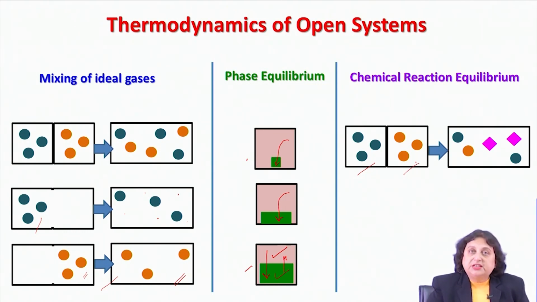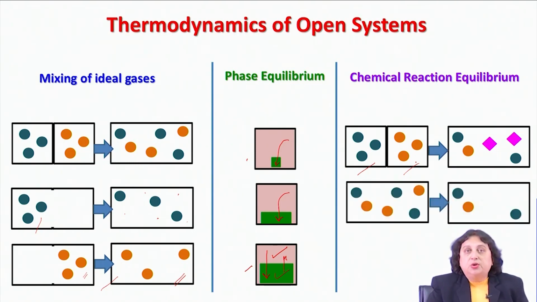When I induce a change in state, then what I will find is that not only are the individual blue and orange molecules spreading out all throughout the box, but there is something else that is happening. In the example that I have given to you, you see that some of the blue molecules are now missing in the final mixture, and also some of the orange molecules are missing in the final mixture.